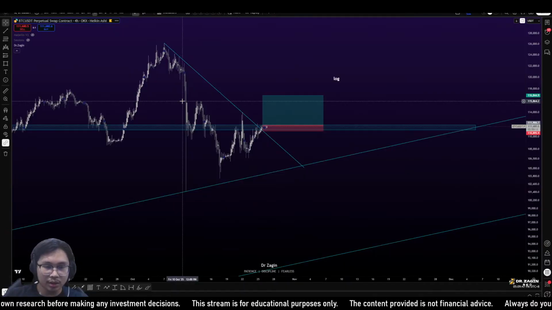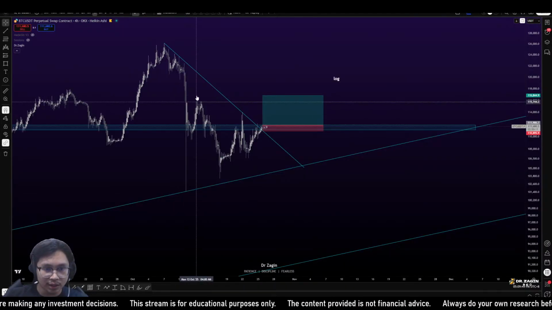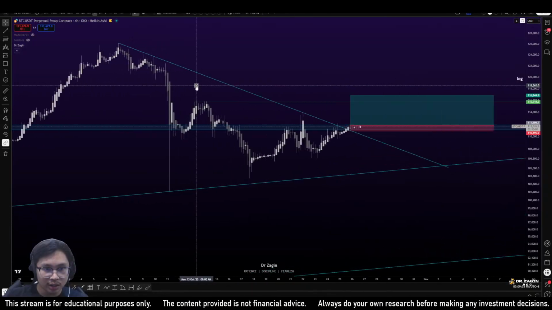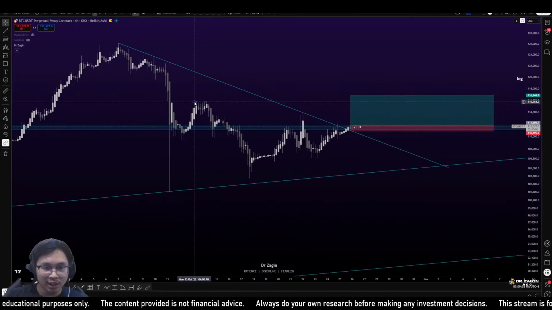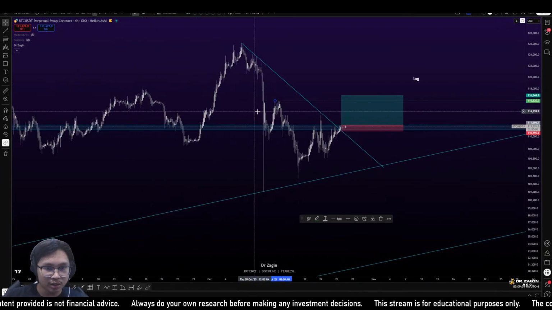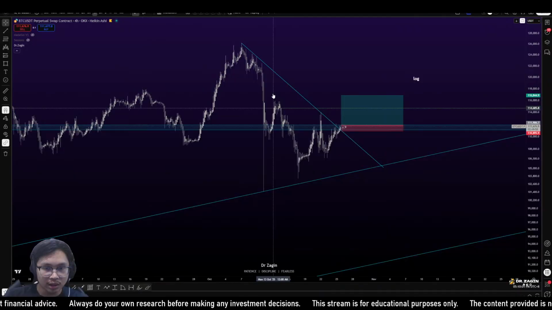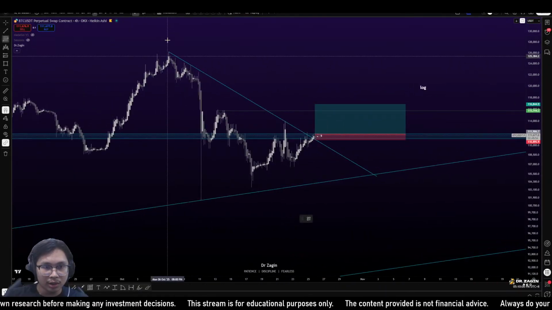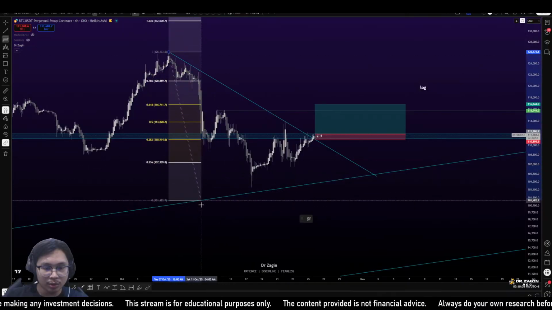Could be this immediate resistance. I'll get this because I wanna see more touches. Because if I get this, look, it didn't even reach. So I just get this to secure my profit. But first, let's do a swing high to swing low.